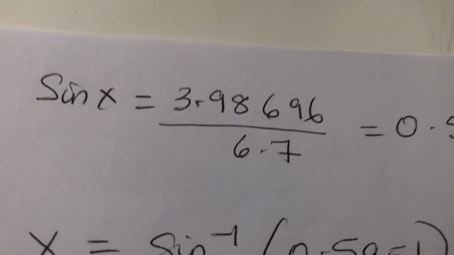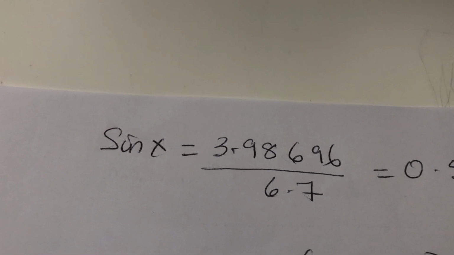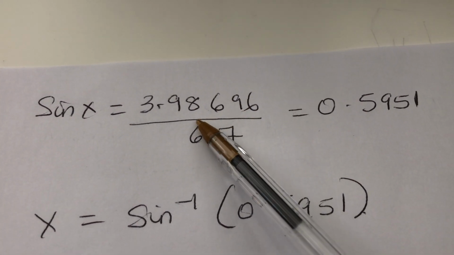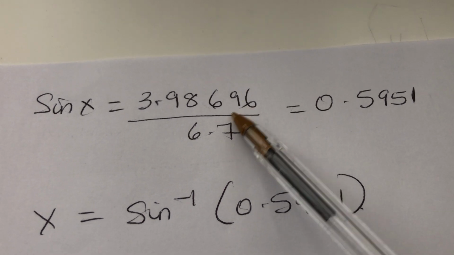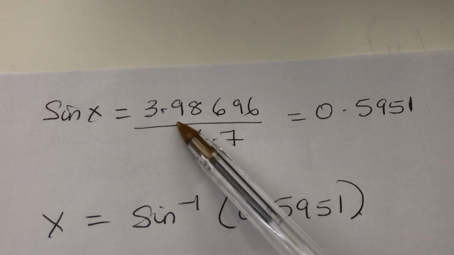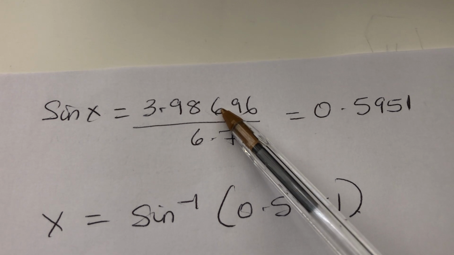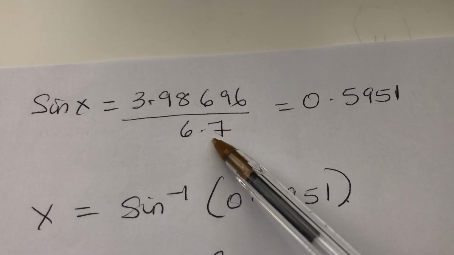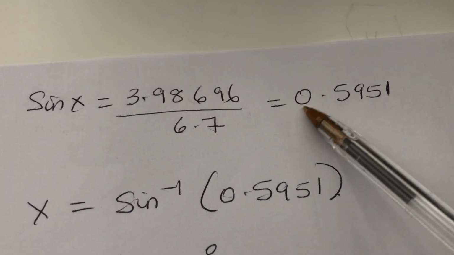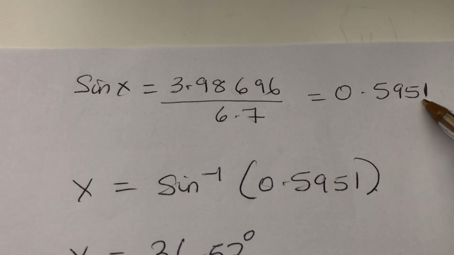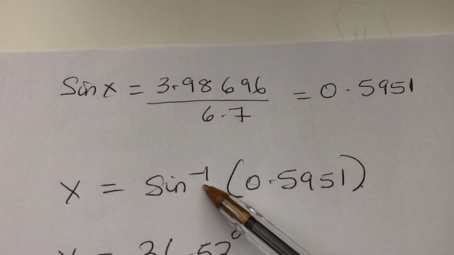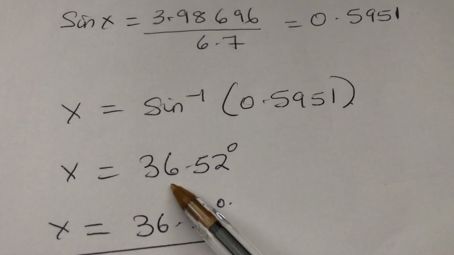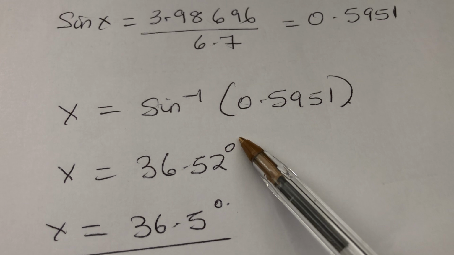So now everything is calculation. So sine x, from what we did, the numerator becomes 3.98696, divided by 6.7, and then you get 0.5951. x will be the sine inverse of 0.5951, which is 36.52 degrees.